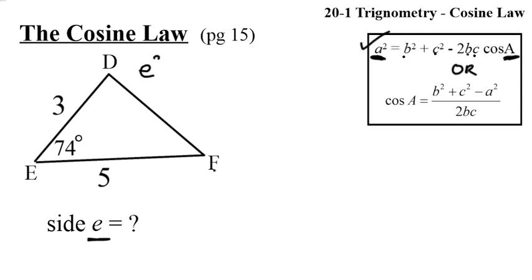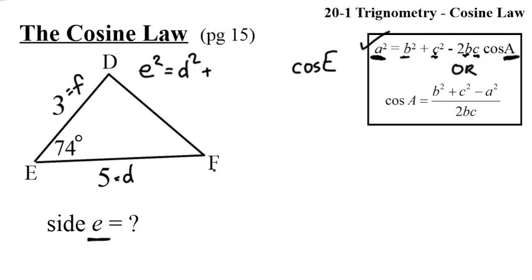So we would have E squared equals, and I'd have to finish eventually by having cosine of angle E, because those pair up. The other variables in here, B and C, B squared plus C squared, they're interchangeable. 2BC, B and C are interchangeable, so that's nice. So that means the other two sides, which in this case would be side F and side D, they're interchangeable.